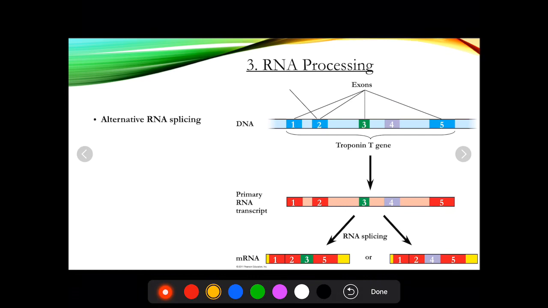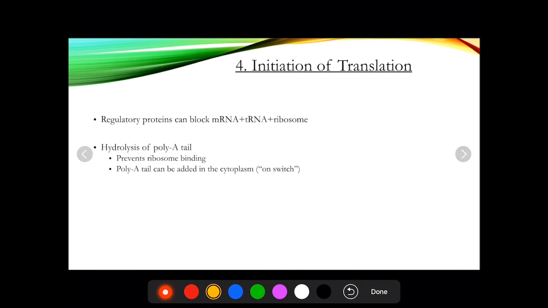RNA processing. You can change how mRNA transcripts are spliced together using alternative RNA splicing. So if you need more of this protein, or more of that protein, that can be altered after it's been transcribed. You can change how well translation initiates. So you've got the mRNA, you've got the 5' cap and the poly A tail.